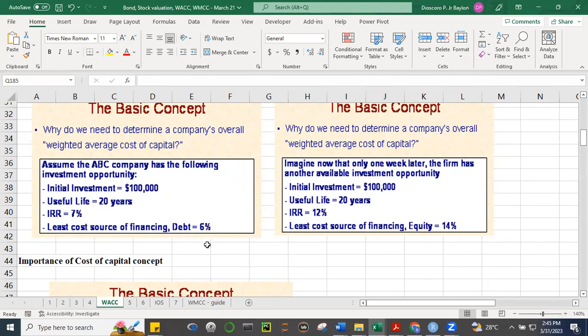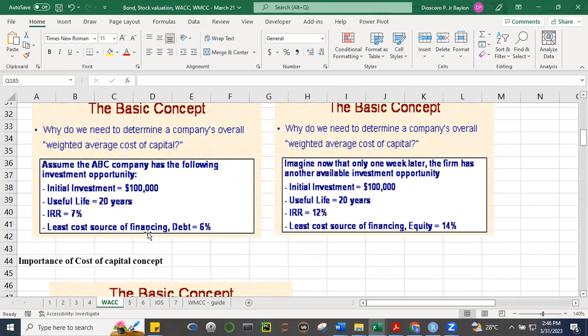So here, the internal rate of return of the project is being compared to the cost of debt. And the decision would be, of course, to go with the project. Let's assume that the project will be financed by debt. The IRR of the project is 7%, and the cost of debt is 6%.